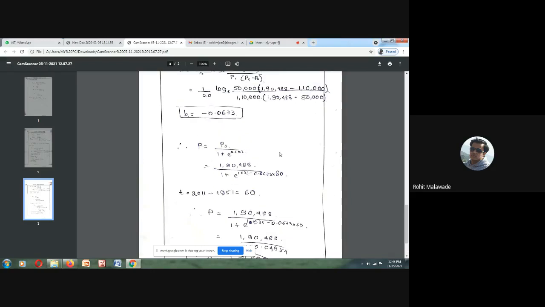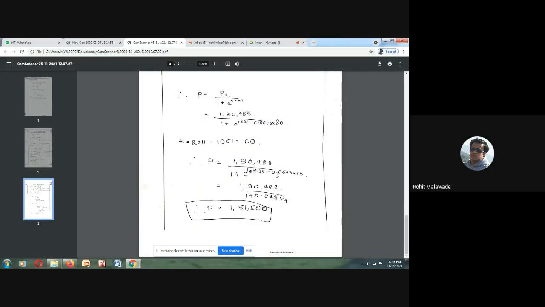So we are going to substitute all these. P is equal to Ps 1,90,488 divided by 1 plus e raised to a, which we have determined as 1.033, minus bt. Since we have got b negative, we are going to get the negative value, so 0.0673 into 60.